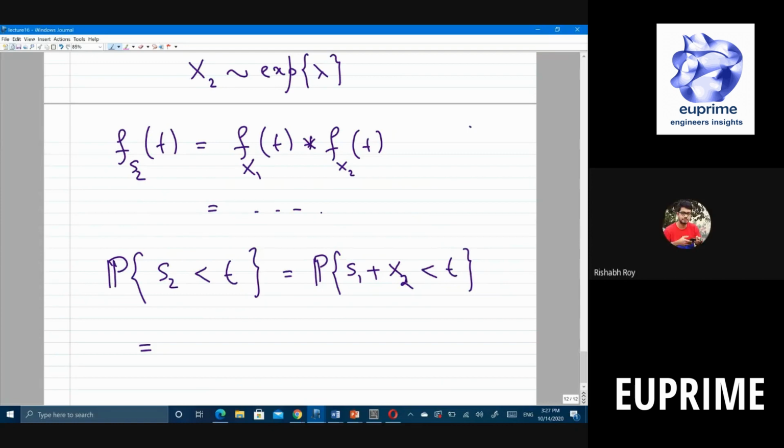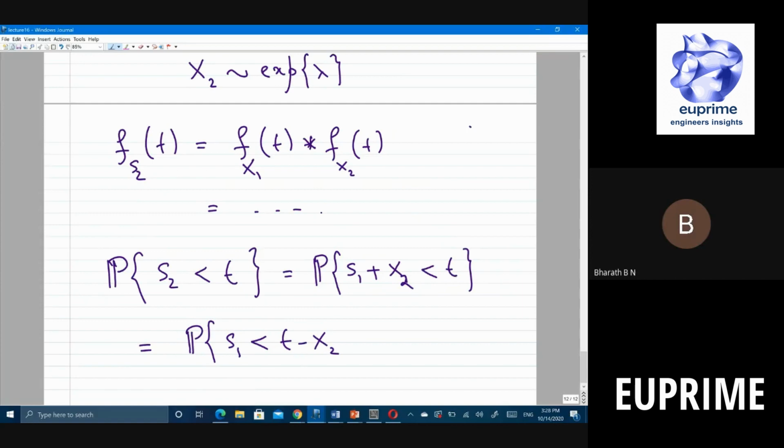Both are IID. What is it that I have to do? We can write S1 less than t minus X2, and then given X2, the probability of this is the CDF of S1 at t minus X2.